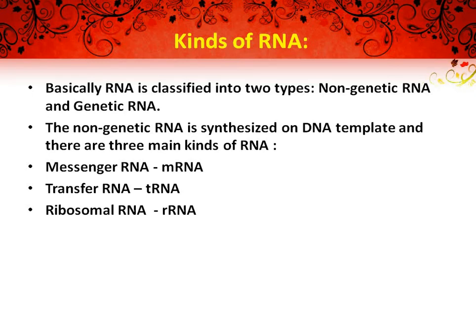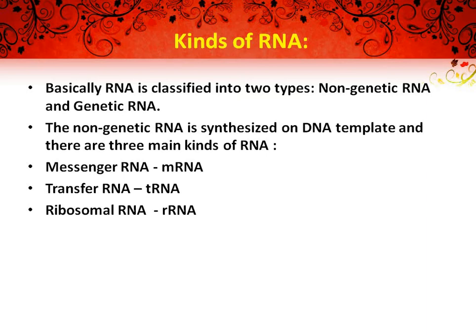Now we shall see the types of RNAs. RNAs are broadly classified into two forms, genetic RNA and non-genetic RNA. Genetic RNA is present in plant viruses and animal viruses. They are responsible for carrying the hereditary characters.